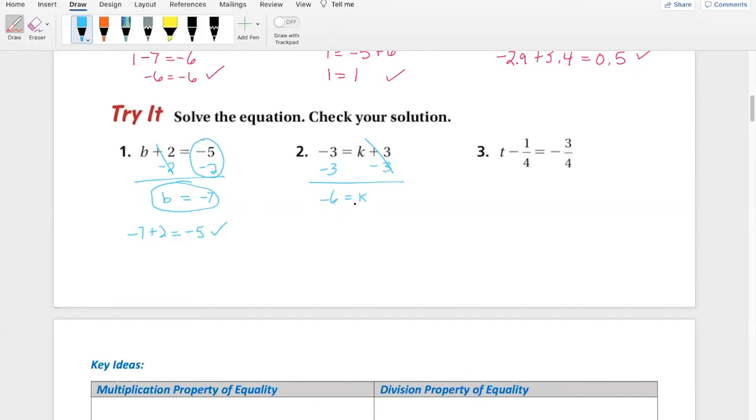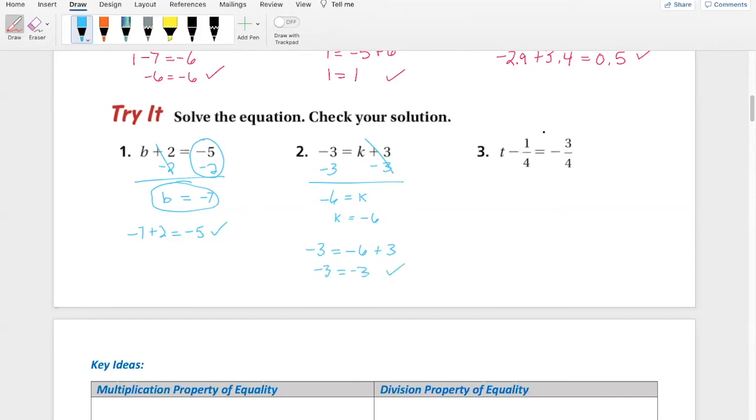Some students also really like their variable on the other side. You can turn it around and say k equals negative 6. That's okay as well. Those are saying the same thing. Check it. Recopy that top equation, but instead of k, we'll put in negative 6 and see, does that work? Negative 6 plus 3 is negative 3, so that does work.